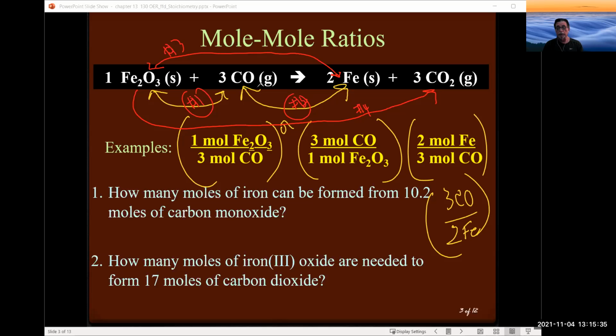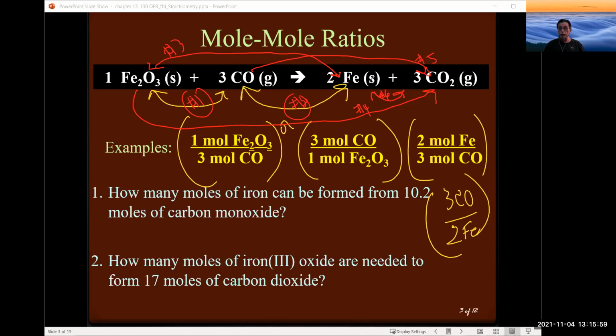And then the carbon monoxide and carbon dioxide, that's number 5 relationship. And of course, between the 2 products, and that's number 6 relationship. Okay, so there are 6 relationships here in this total chemical reaction.